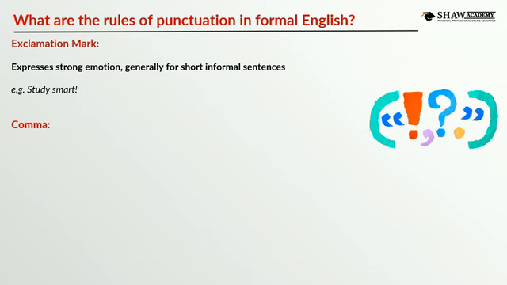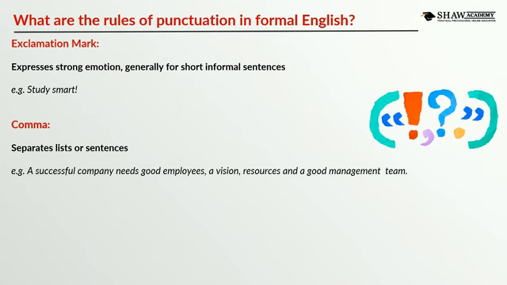But all we care about is that it separates lists or sentences or clauses, the parts of a sentence. For example, a successful company needs good employees, a vision, resources, and a good management team. Okay, so this is a list of things a successful company needs.